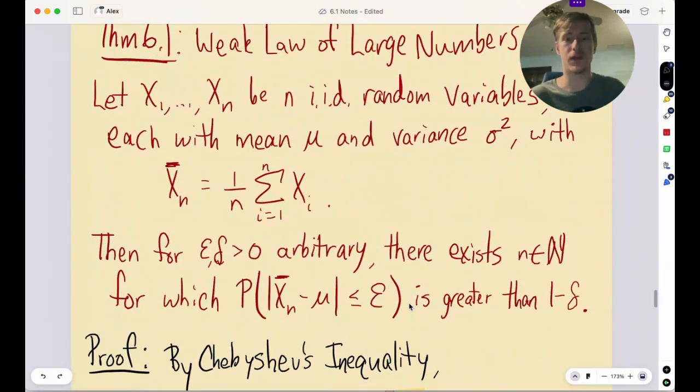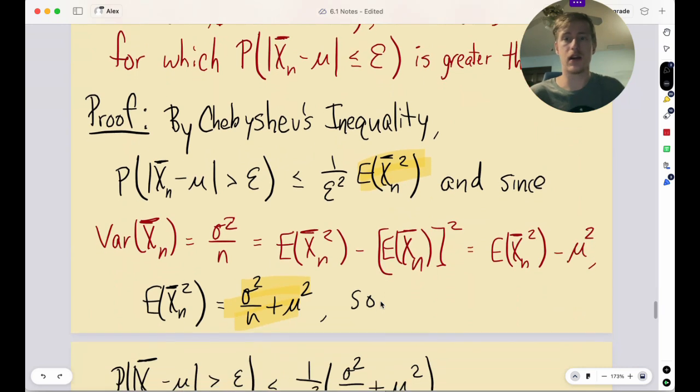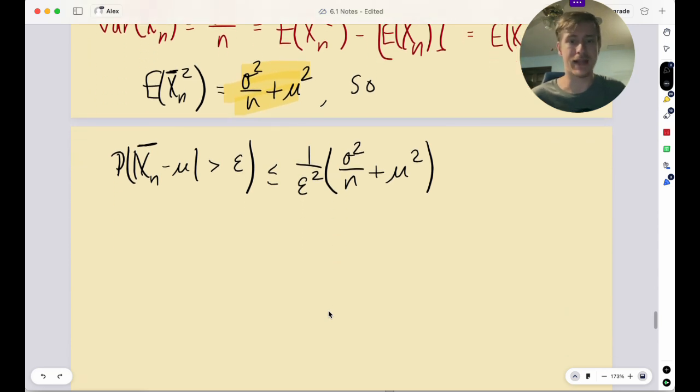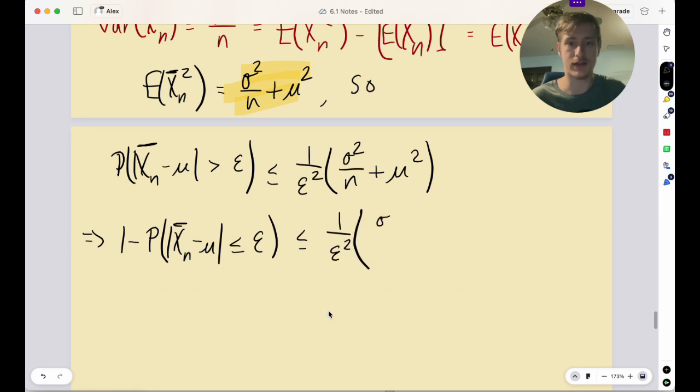Look at the theorem: I want to prove that it's less than or equal to epsilon. Since that's the complement of this event, I can rewrite this as 1 minus the probability of the complement, which is xn bar minus mu less than or equal to epsilon. That's less than or equal to 1 over epsilon squared times sigma squared over n plus mu squared.